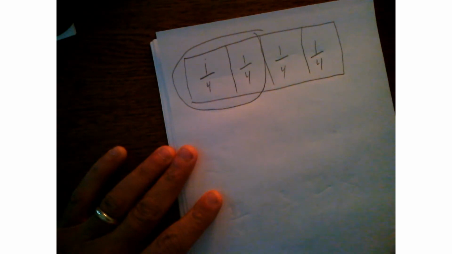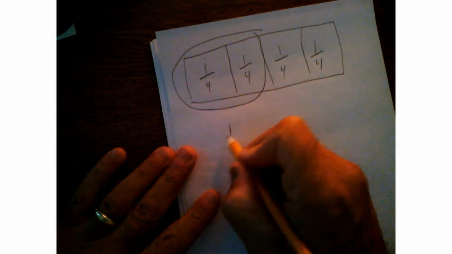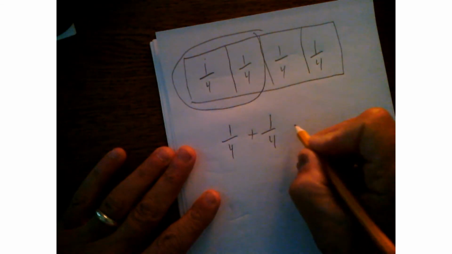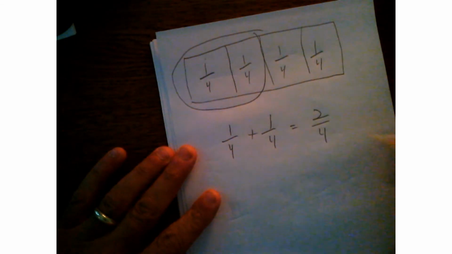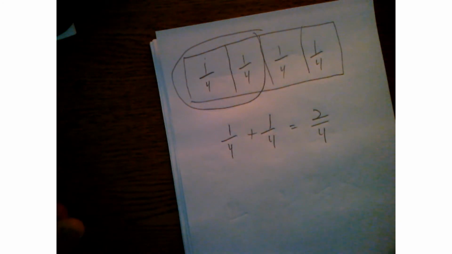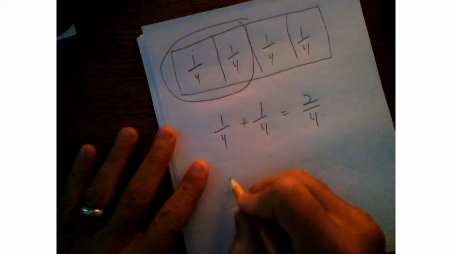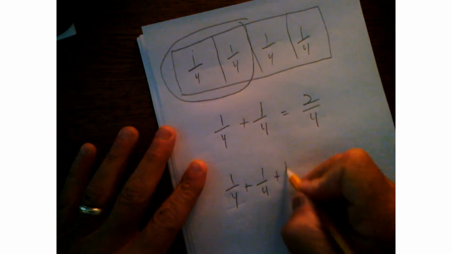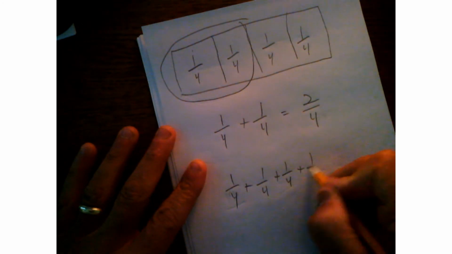We could say that represents 1/4 plus 1/4, or 2/4, which is half of a dollar. We could also say that if we're looking at the whole thing, this is 1/4 plus 1/4 plus 1/4 plus 1/4.